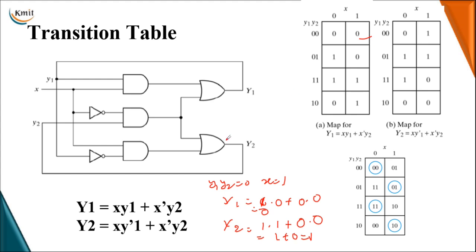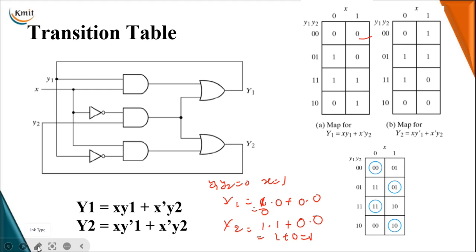Now upon finding all these combinations, for each present state and each input, x value 0 and x value 1, we found the values of the next states Y1, Y2. Upon writing all these values we obtained individual tables of the next states Y1, Y2.